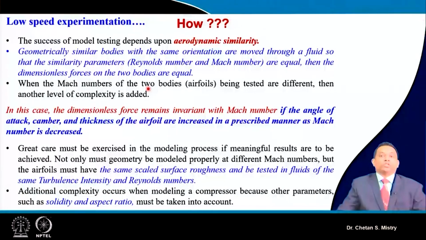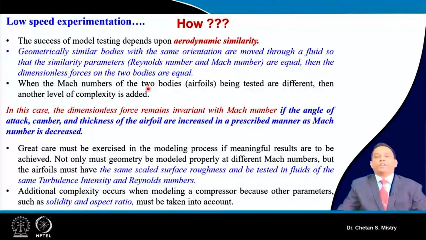Suppose we consider the suction surface of the aerofoil. On the suction surface, the acceleration of our flow can be modified in order to meet the requirement of such numbers. Great care must be exercised in modeling the process if meaningful results are to be achieved.